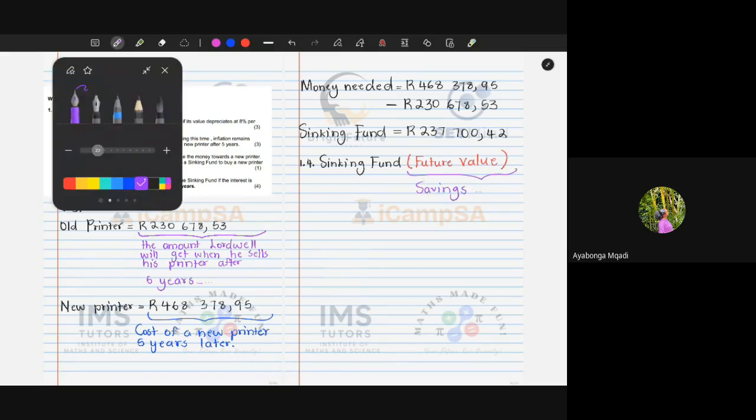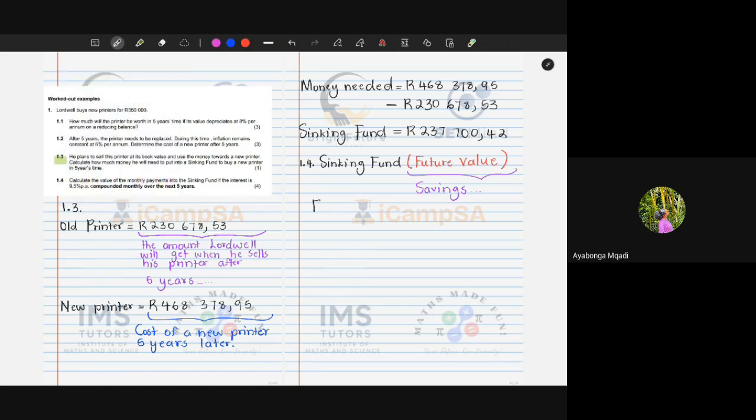And we remember, guys, that our future value is given by x into (1 plus i) to the power of n minus 1, divided by i. And we have all we need. If you look carefully, we are given that i is 9.5%.